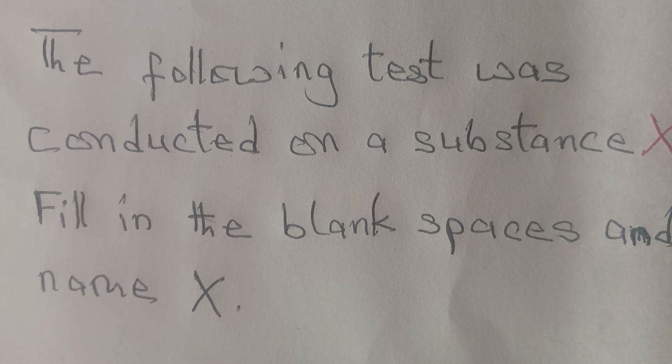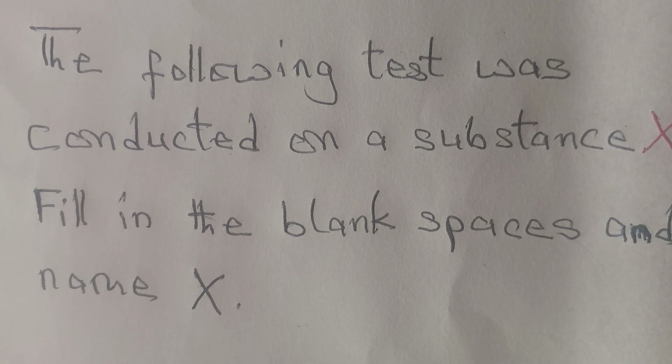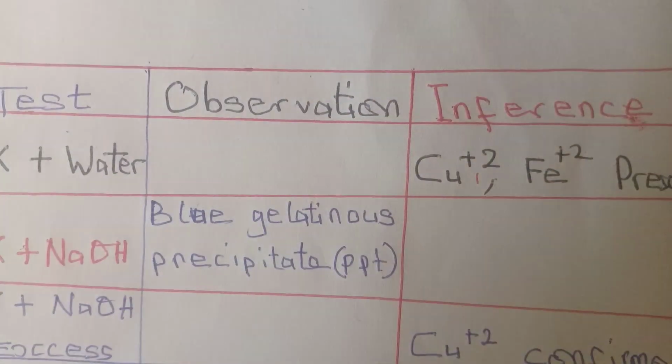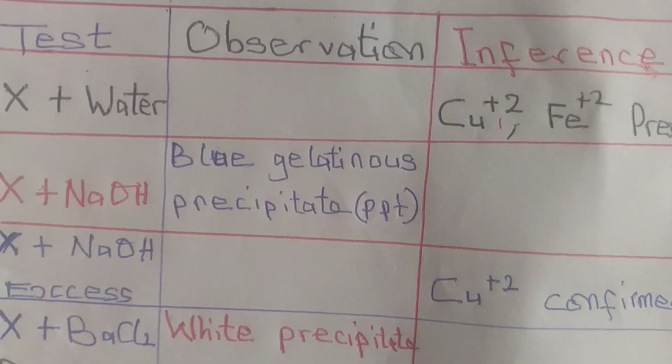Now, let us pay very close attention to the test that was done on substance X, and let's see if we will be able to fill up the spaces that is expected of us. Now look at the experiment that has been done for us.